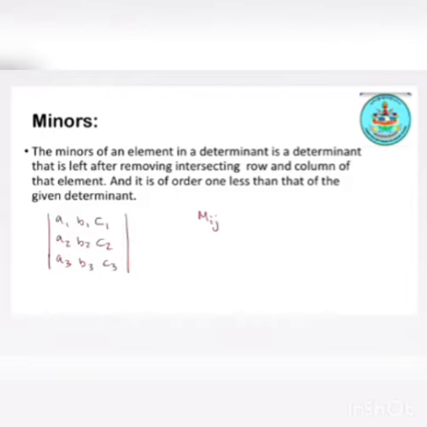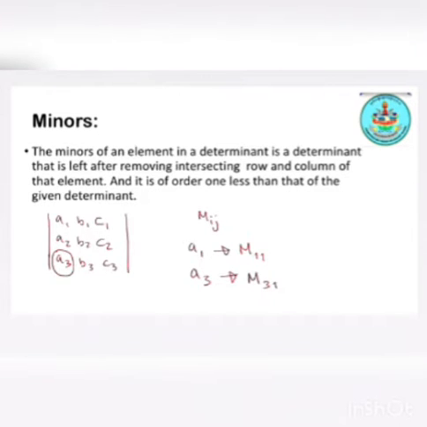For example, if you are finding the minor for A1, it is first row, first column, so we show it like this, M11. And for, let's say, A3, the minor will be third row, first column. So Mij is just the representation of minors.